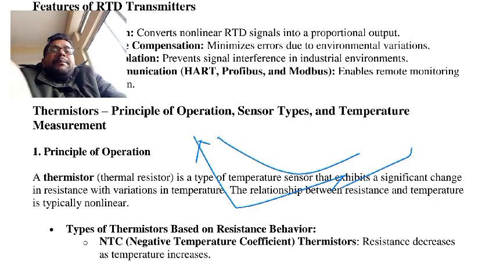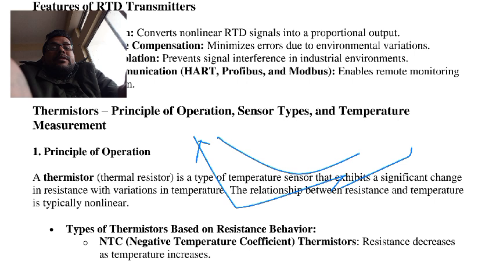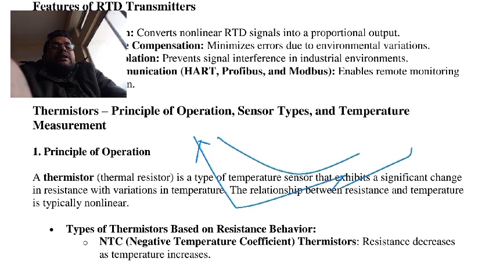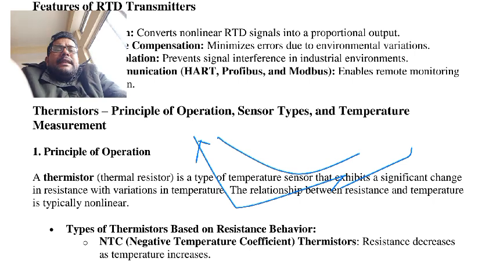In transducers we have discussed two types of thermistors. First is the PTC, positive temperature coefficient. Second is the NTC. In PTC we also discussed two types, one whose resistance increases with temperature, and another whose resistance initially decreases and at a critical point suddenly starts increasing. Those things we all know.